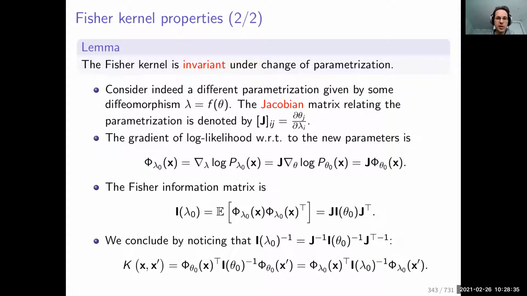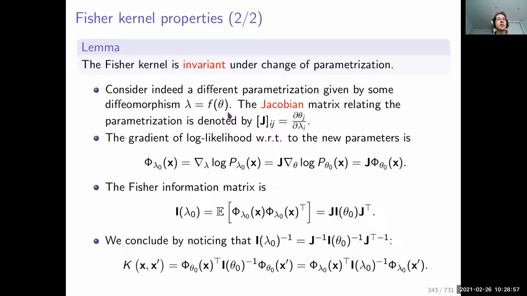It turns out that the Fisher kernel is invariant by reparametrizing your probabilistic model. If you want to be a bit more formal, we can easily check this by considering a change of variable obtained by some diffeomorphism, simply because we want to get some differentiability properties.